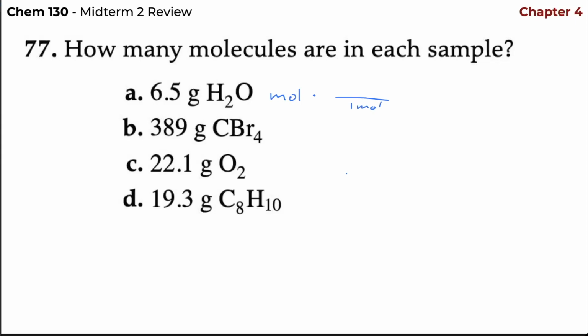Which is, what is it? 6.02 times 10 to the 23, right? And then that's your final answer. So I don't feel like I need to do all of these. If you watch the last question, just multiply those answers by this, and that's your final answer.